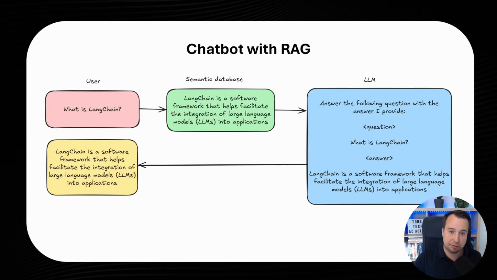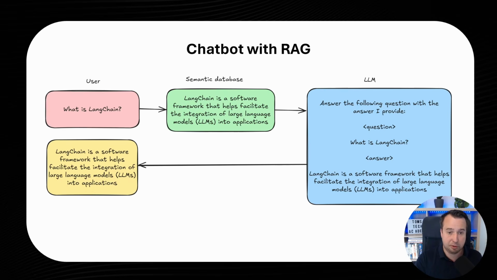Now, when we use Retrieval Augmented Generation, the question that the user sent to the chatbot is first sent to a semantic database. Now, of course, you also have to fill the semantic database, and this is what we call building a RAG pipeline, and this is something that we're going to do later in this video. So the semantic database is going to return text which is similar to the query from the user, and this process is based on embeddings, and I'm going to explain more about embeddings later in this video.